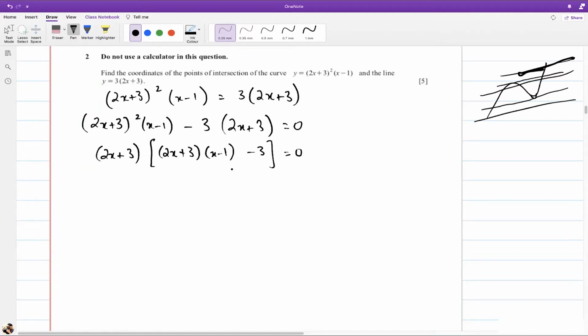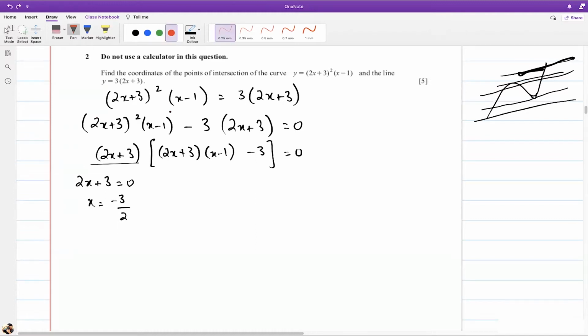So now you have two roots. One is this one and one is that whole thing. So I'll just open this one. This one becomes 2x plus 3 equal to 0, leaves me with x equal to minus 3 by 2. I already have found my answer. If you cancelled it out earlier on like this, you would have lost that one answer. So when you have equations like this, it's smart to not cancel out roots like that.